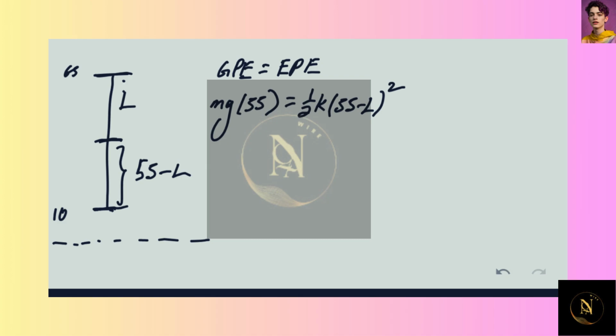Now the problem here is, what is k? We are given that a 5 meter length of the cord, when pulled by the body weight of the daredevil, which is mg, extends by 1.5 meters, with a force of mg.